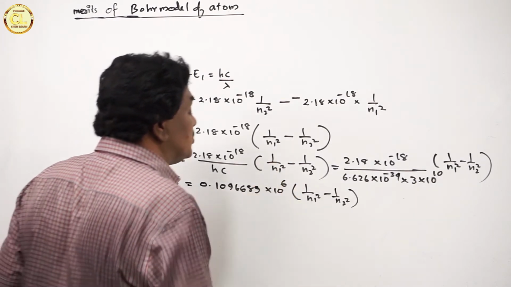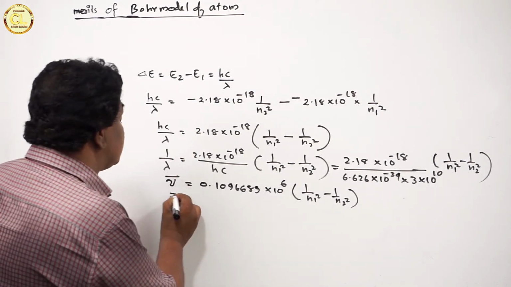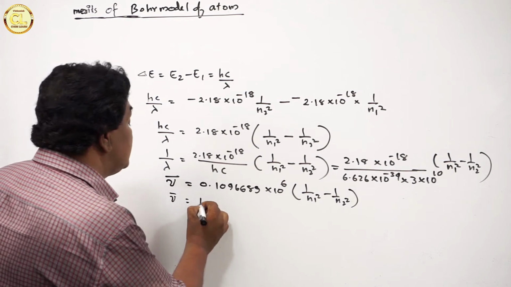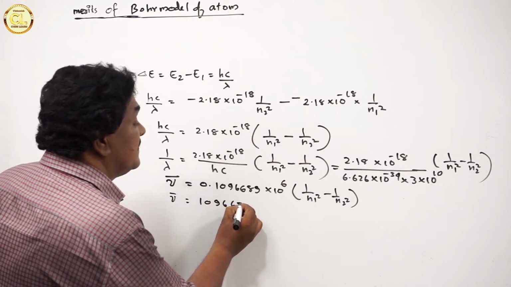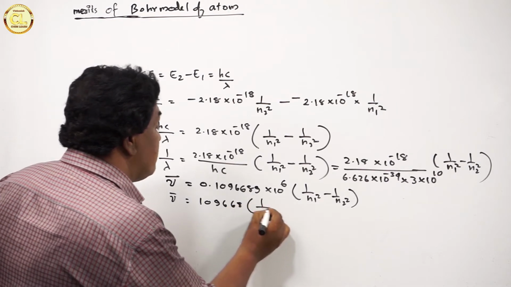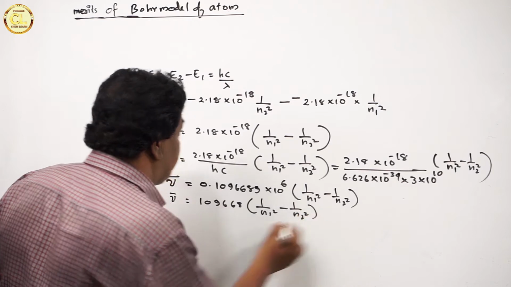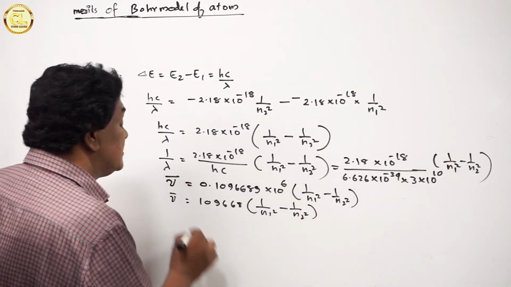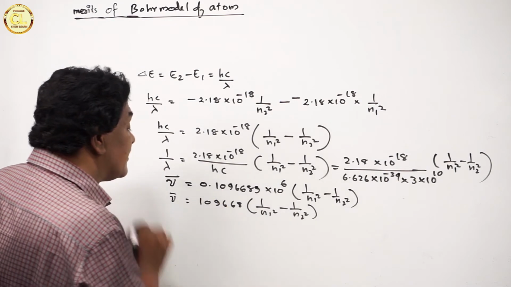This can be expressed as nu bar is equal to 109668 into 1 by n1 square minus 1 by n2 square. And you know that this centimeter inverse is Rydberg constant.